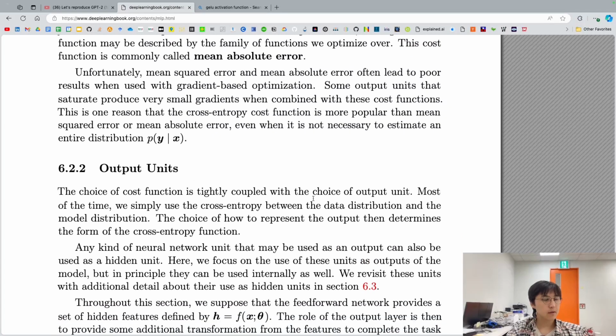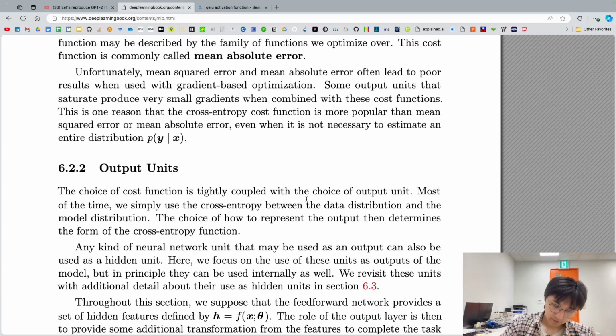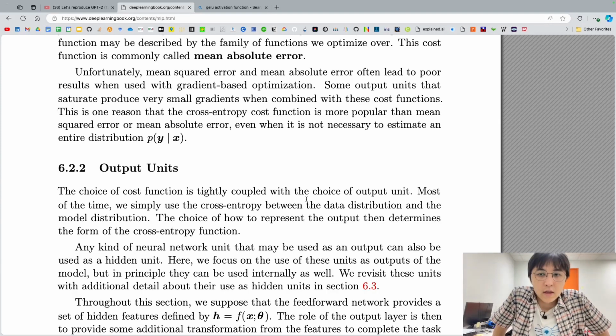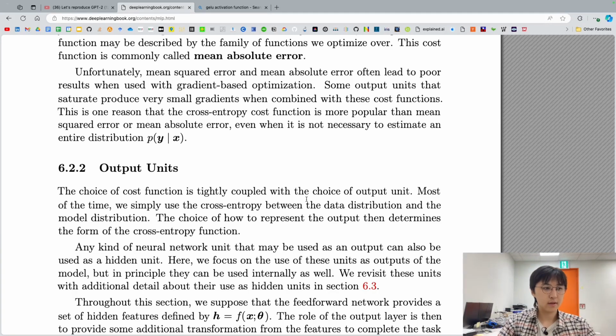And let's talk about output units. If it is binary classification, output units are usually 0 or 1. If it is a regression problem, the output units are continuous values, and another common output is softmax output if we have discrete values.